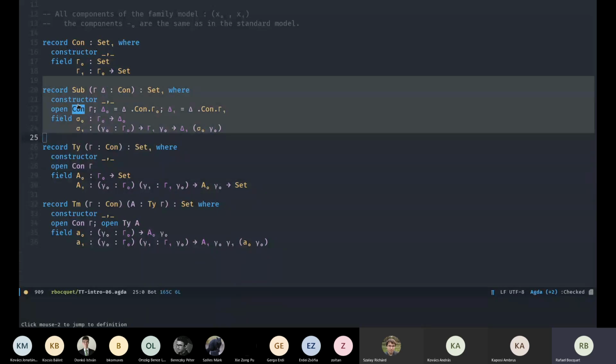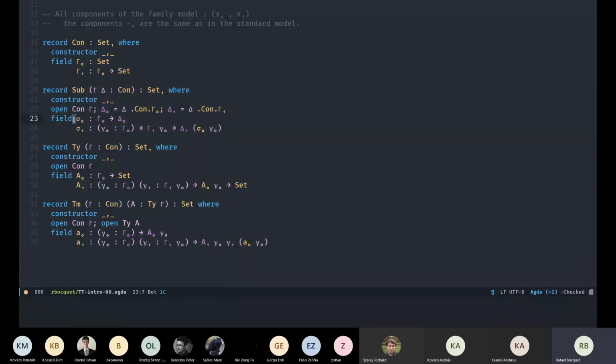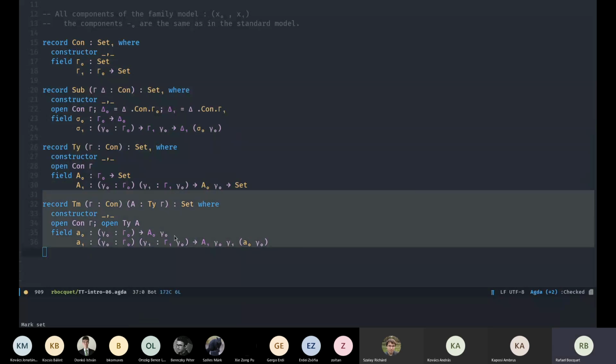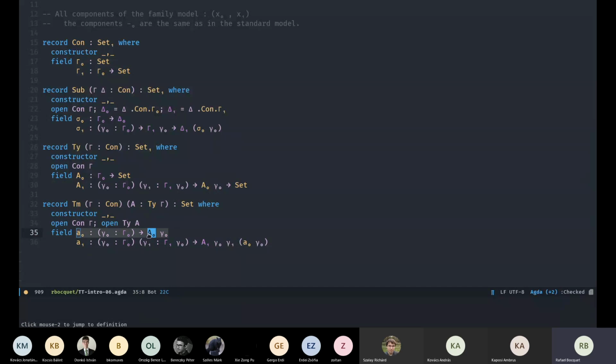Then substitutions are given by a function between the first parts of the contexts and some dependent functions between the second parts of the contexts. And terms are given by a family of elements.